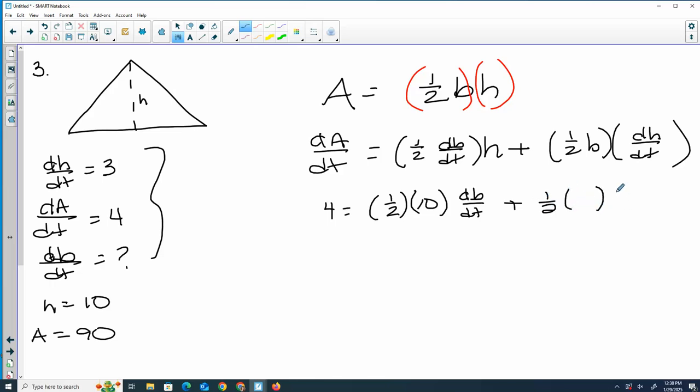No. My dh/dt is 3. I'm trying to find dB/dt, so I need to find b, but we can, because we know the area is 1/2 base times height. At the instant we're looking at, the area was 90, equals 1/2 times b times 10.